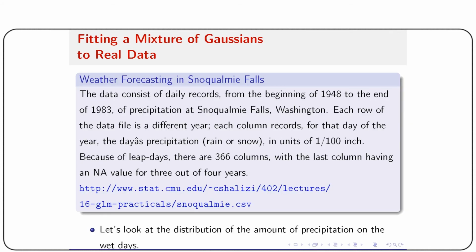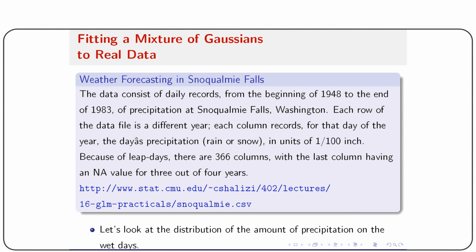Now we'll move to another case study, fitting a mixture of Gaussians to real data. The weather forecasting in Snoqualmie Falls: the data consists of daily records from the beginning of 1948 to the end of 1983 of precipitation at Snoqualmie Falls, Washington. Each row of the data file is a different year.